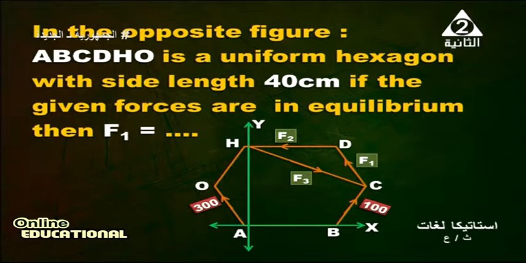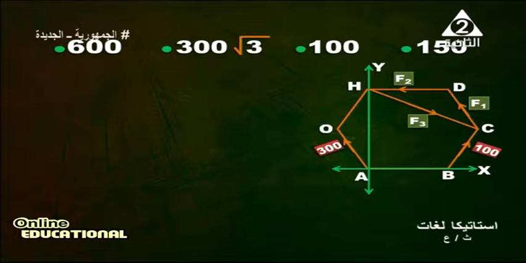The required, in this case, what is the value of F1? Remember, F1, F2, F3 act in cyclic order. Choose the correct answer: F1 equals 600, 300 root 3, 100, 150.